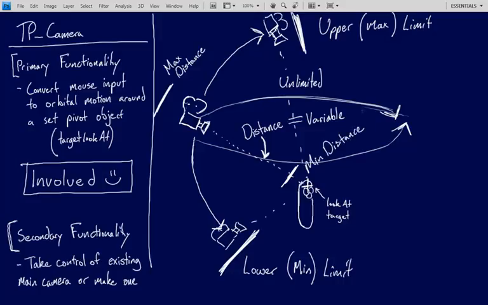And to make the whole system seem a little bit more fluid or organic, we've got smoothing that can be applied on each of the motions. Right, so for changing your distance, sliding in and out, as well as the positioning of the camera as it orbits around, both horizontally and vertically around the character, we're going to be applying some smoothing.